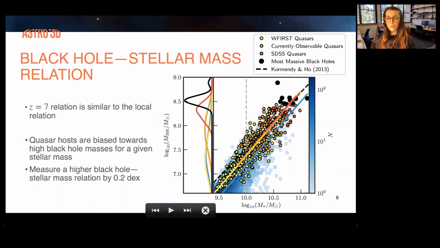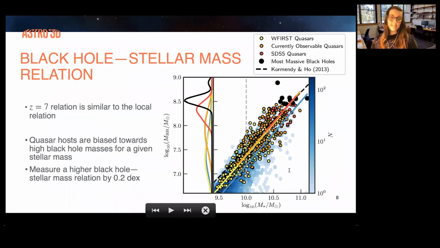And so on this plot, you also see these colored points. So the yellow points are our predicted WFIRST quasars, orange are currently observable, and red are SDSS quasars. And the lines of best fit to the relation for these three samples are given as those colored lines here. And the best fit line for the overall relation is given by the blue.